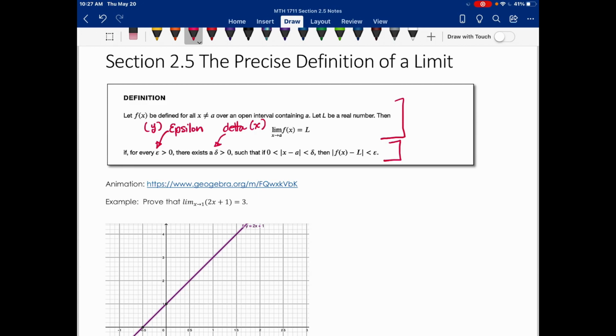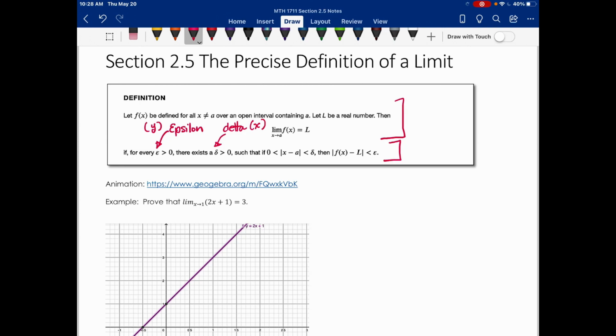Okay, so then once we have these small distances set up and they're positive, if I pick any value of x, and that distance between x and the value of x that we're approaching, that value of a, if that distance is smaller than delta, then the corresponding y value that we plug in for x, the distance between that y value and L is going to be less than epsilon.